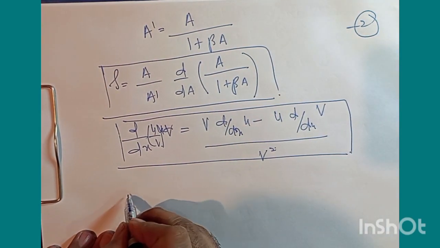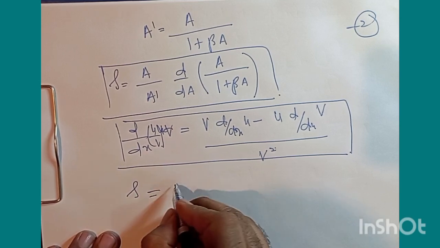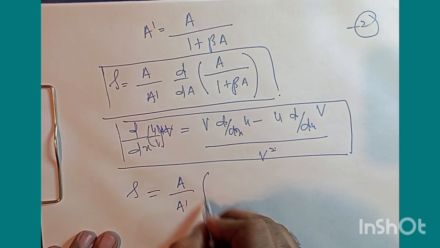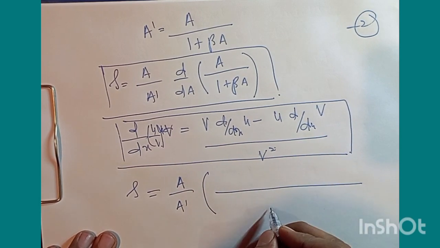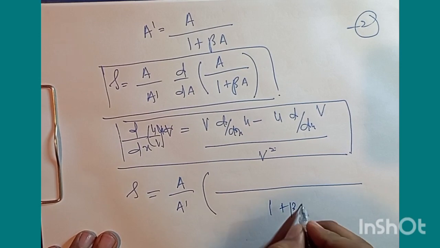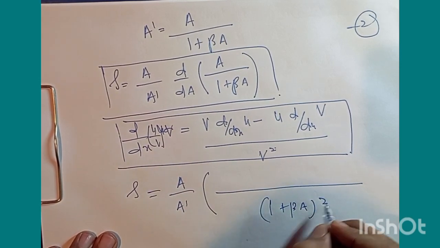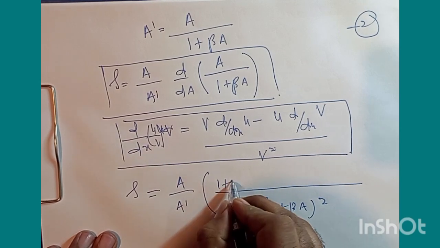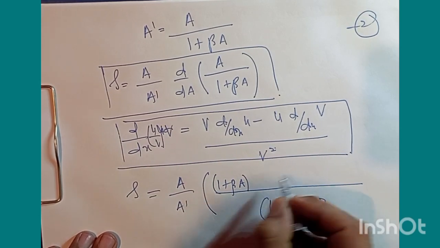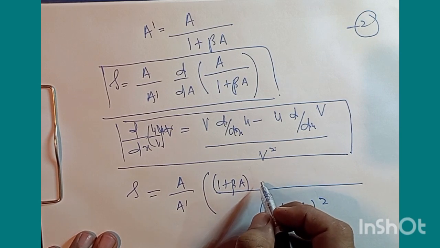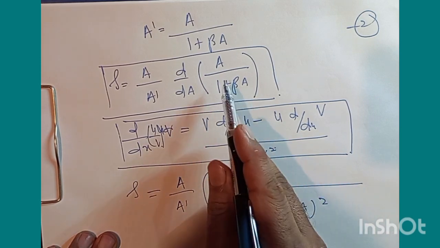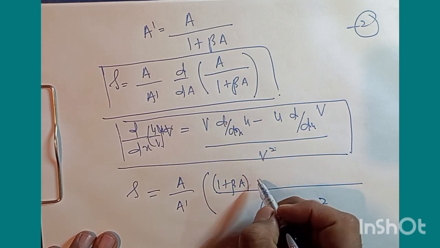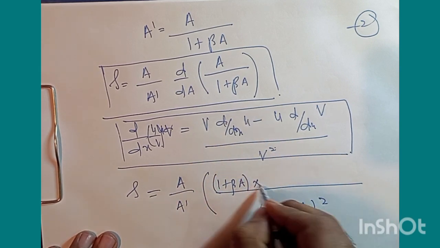So what will be S? S will be A by A dash, and here in the denominator I will have 1 plus beta A whole square. So here I'll have v as it is, that means 1 plus beta A as it is, multiplied by differentiation of u. So differentiation of A with respect to A will be 1.